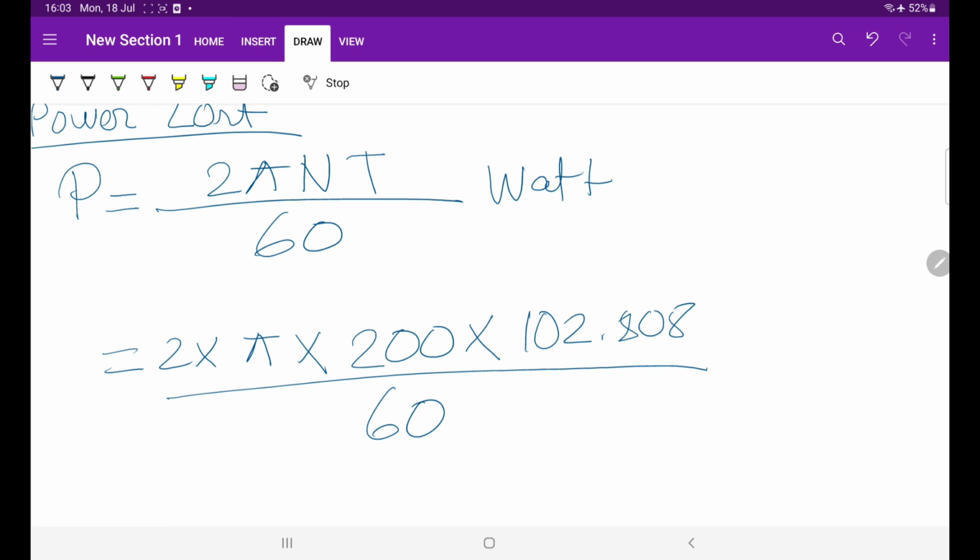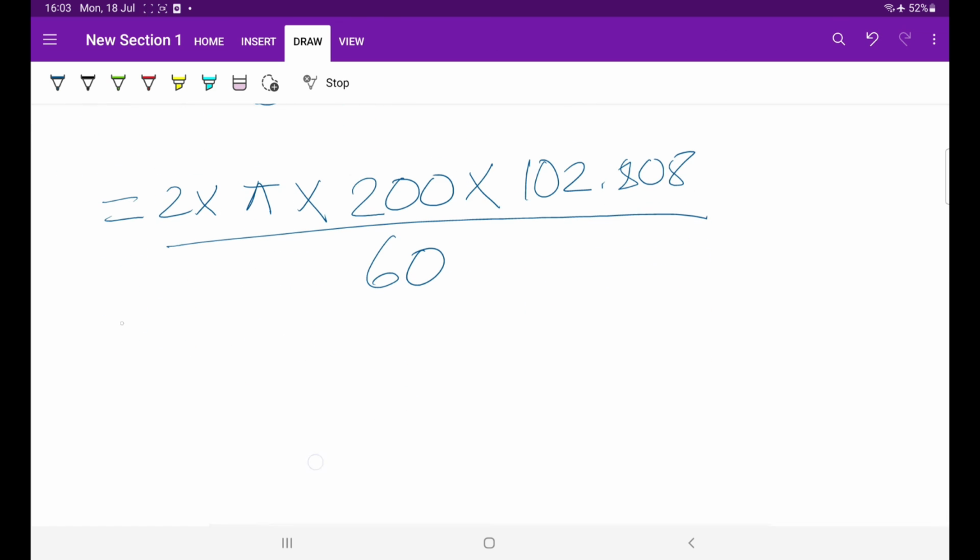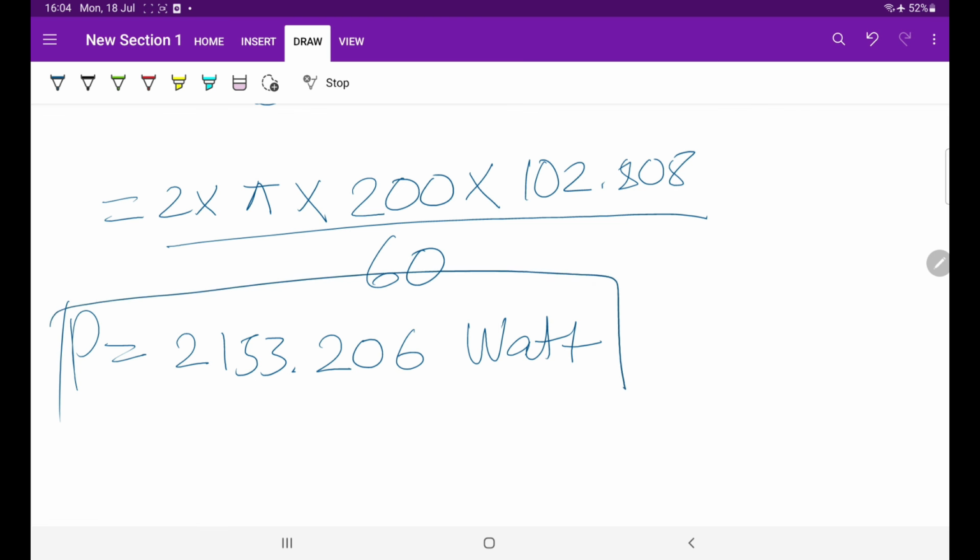So 2 into pi into 200 into 102.808 divided by 60. Ultimately it will come as 2153.206 watt. Power lost is found out. So this is the answer.